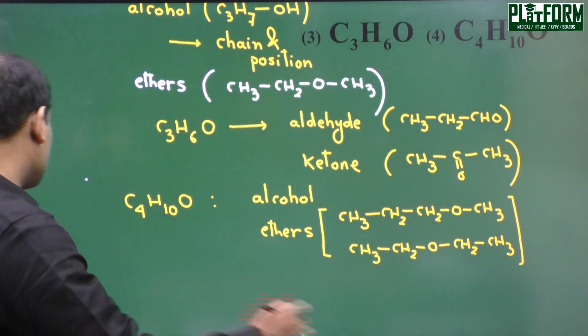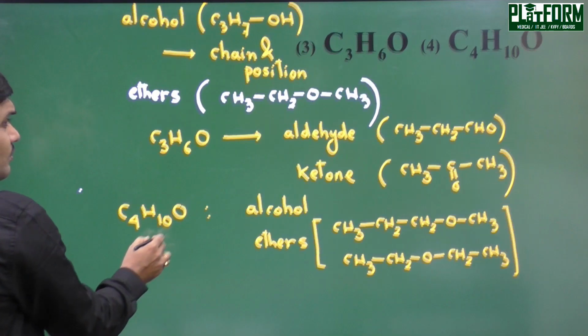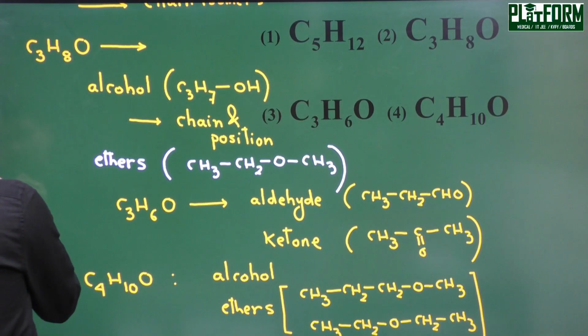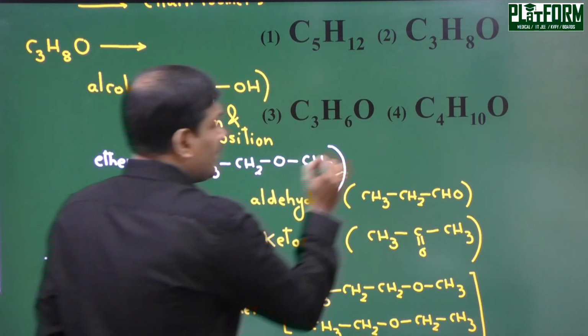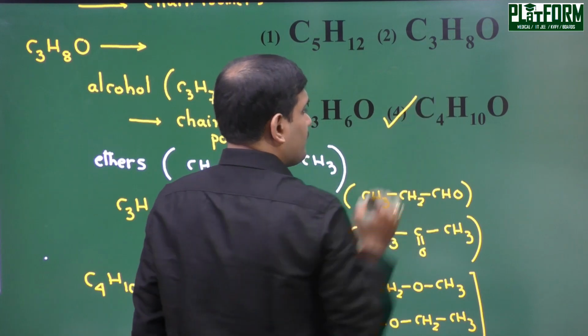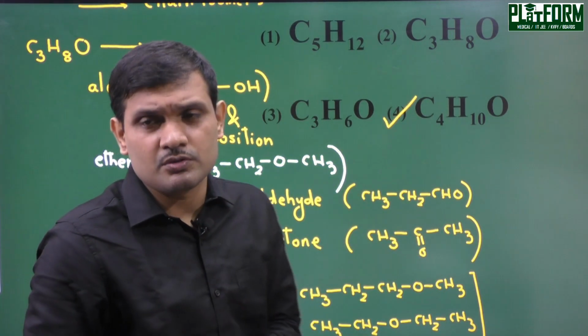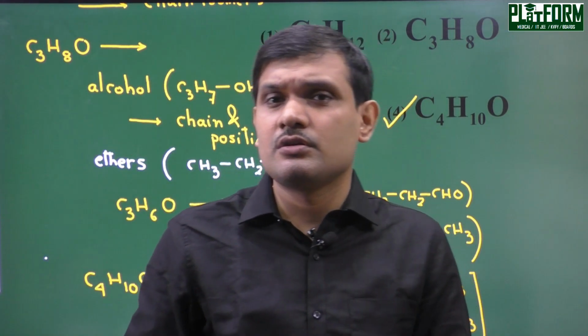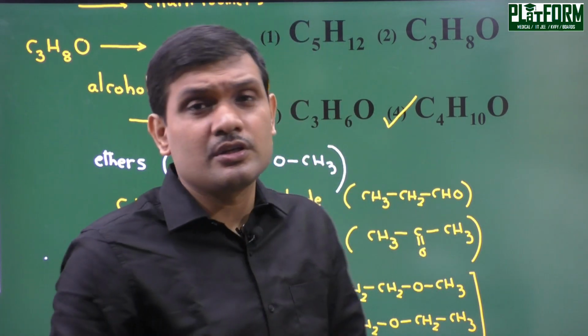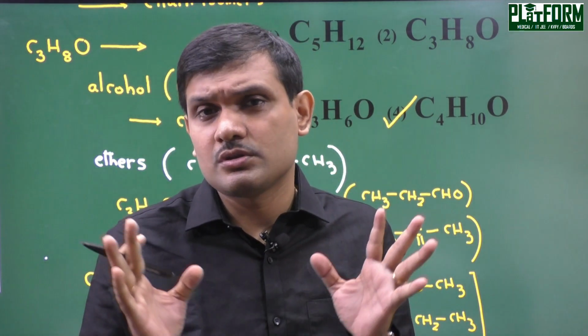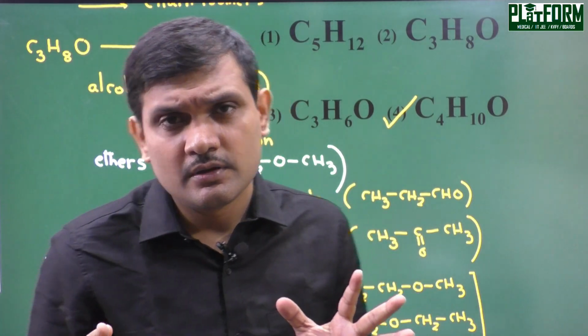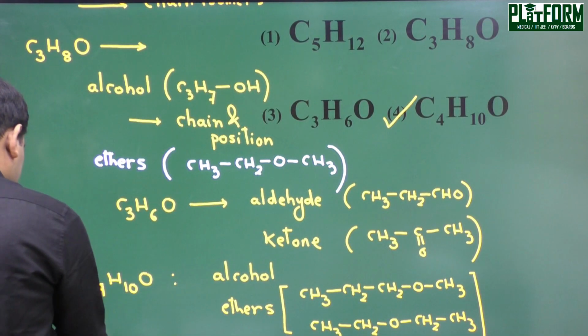This is also a very good question asked by NTA. Definitely the answer will be option 4, C4H10O, that can produce the metameric variety. Let's move to the next question.